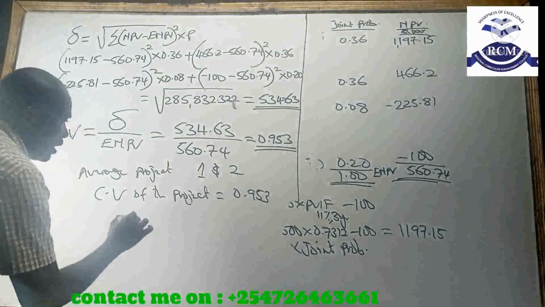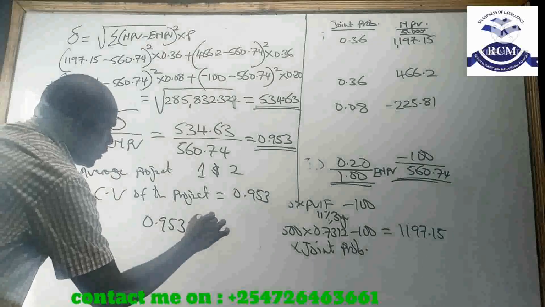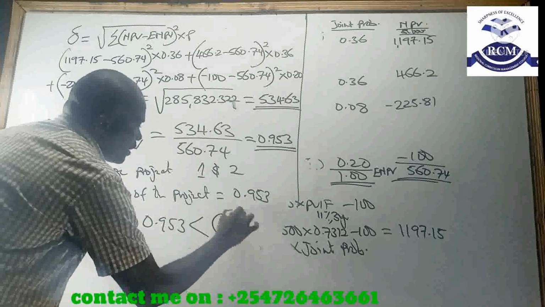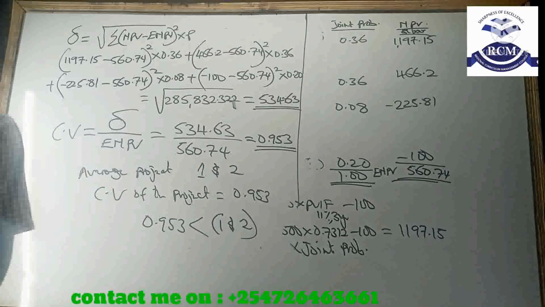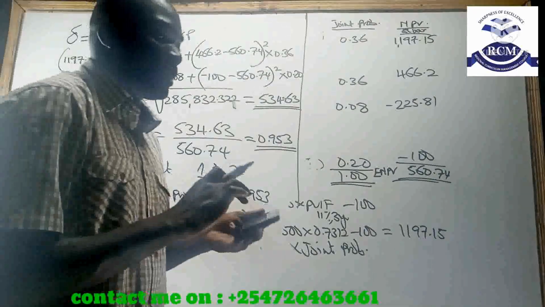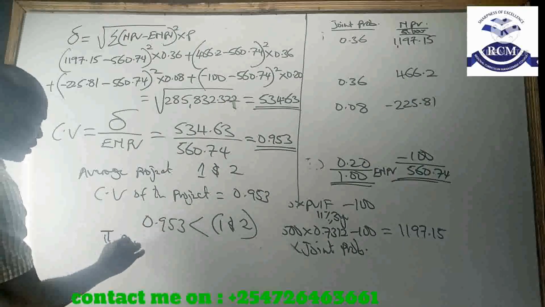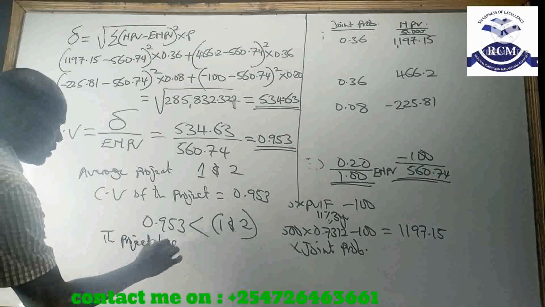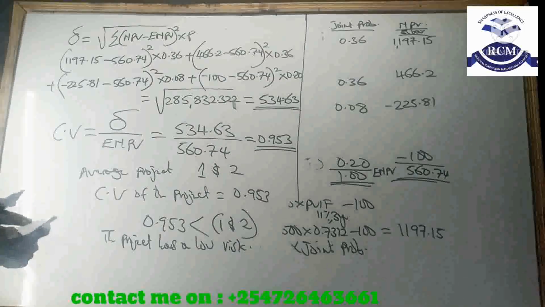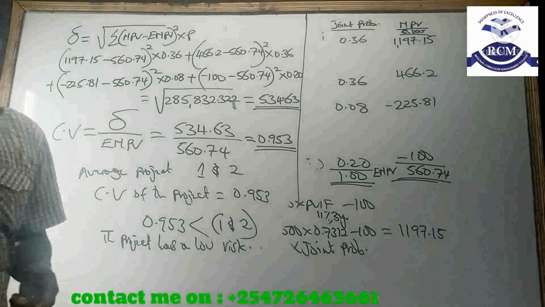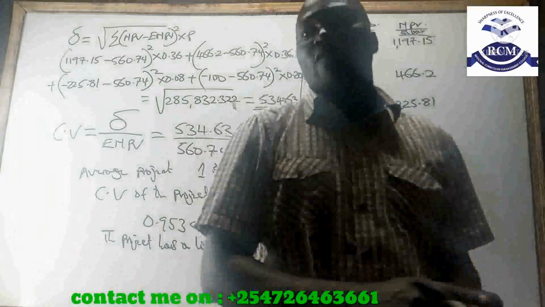Because 0.953 is less than between 1 and 2, for that reason the project is less risky. The project has a low risk. So in conclusion, we say that the project has a low risk. That is what was expected of us in that question.